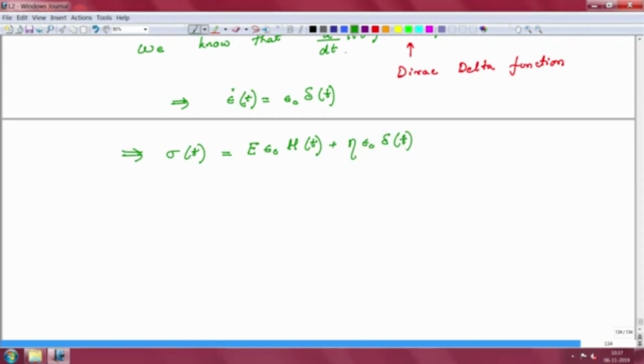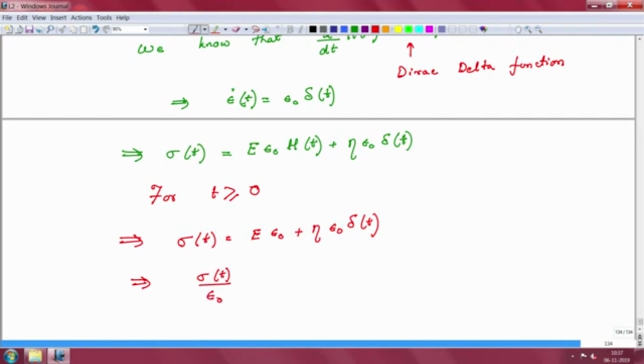Now, if I want to write this for only t greater than 0, the stress is given as E times epsilon naught. If I divide both sides by epsilon naught, this quantity is my stress relaxation function.